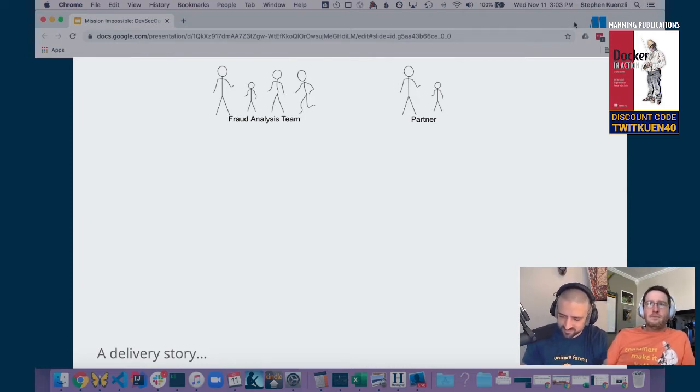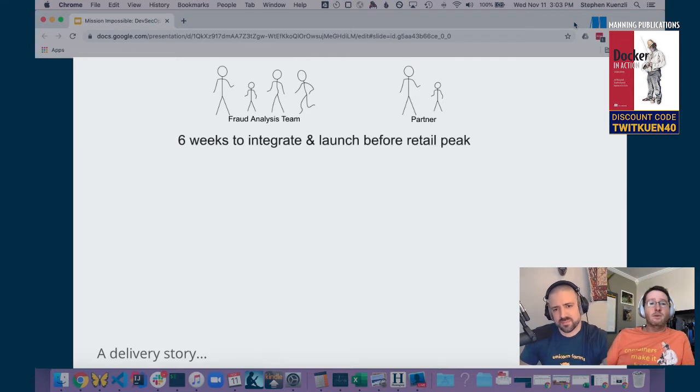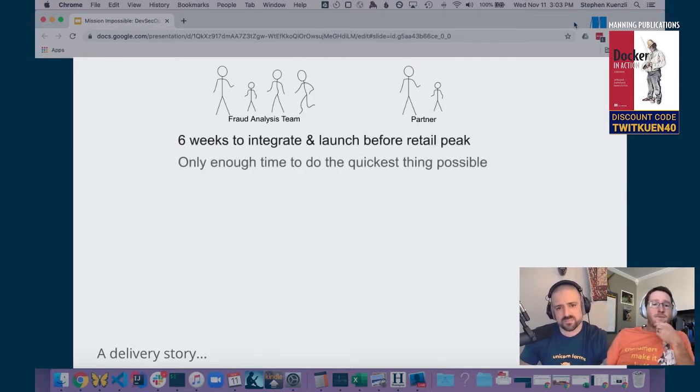And you're at your backlog or sprint planning kind of a thing, and you discuss this for about 5 minutes, and you say, "Yeah, we can do it, but we only have time to do this the quickest thing possible." You're like, okay. And everybody in the room kind of knows what that means.